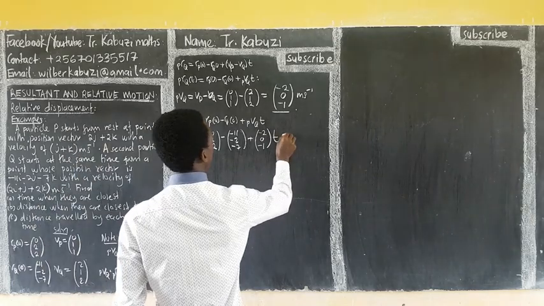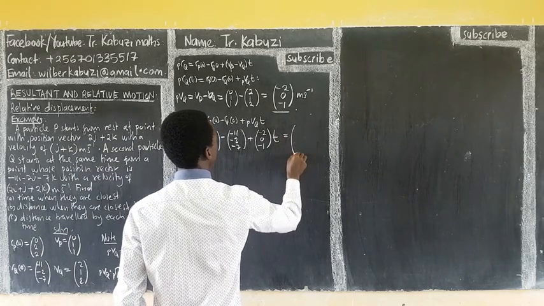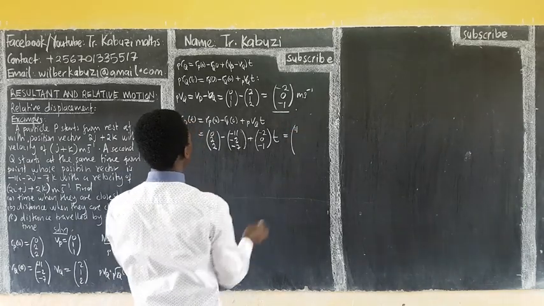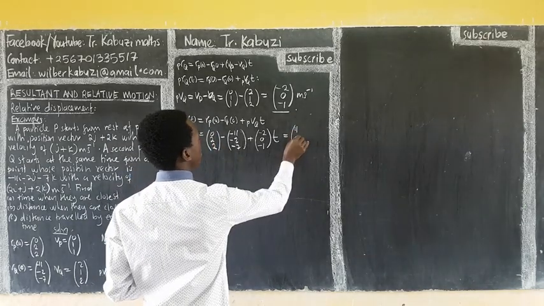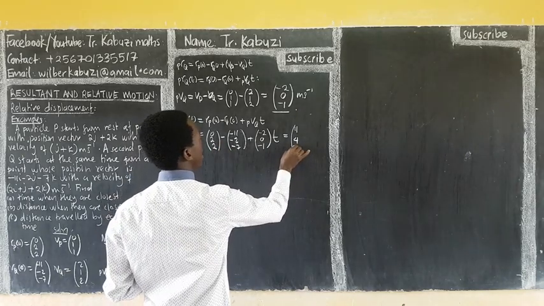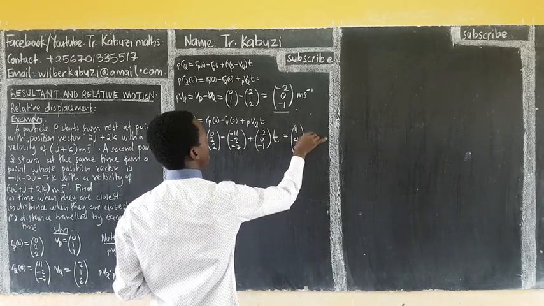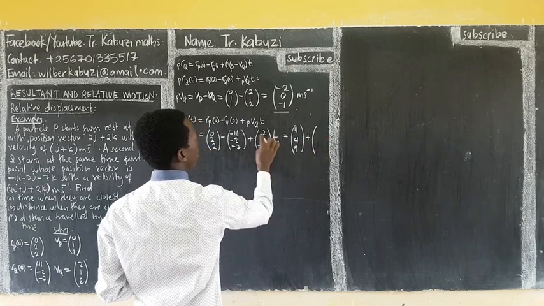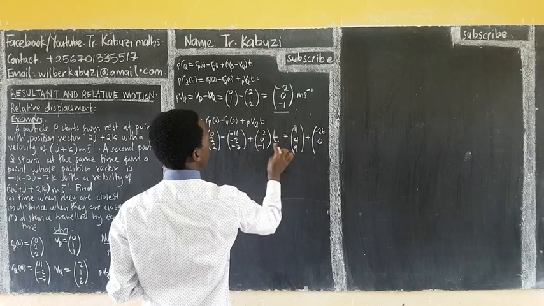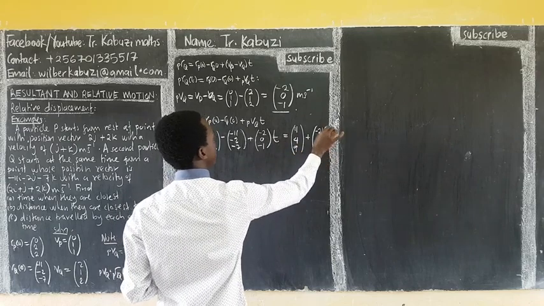Okay. When we simplify this, we get 0 minus minus, we shall get 11, 2 minus minus, which is 4, 2 minus minus, which is 9, then plus, when we open brackets, we get negative 2t, 0, minus t.